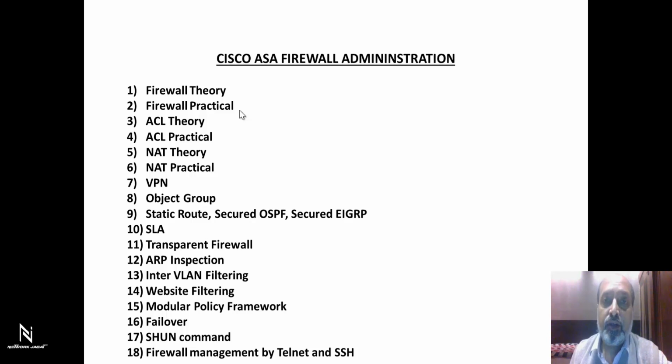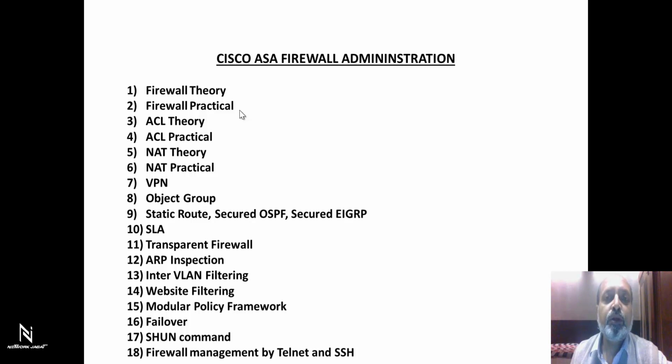Even if you consider the software firewall solutions like Linux iptables or Windows firewall, at the bottom of their code, what exists is nothing but access control lists. Then NAT theory and NAT practical.